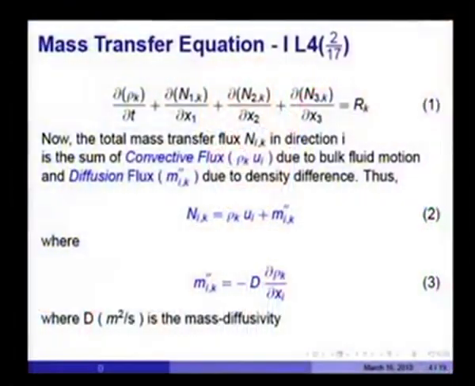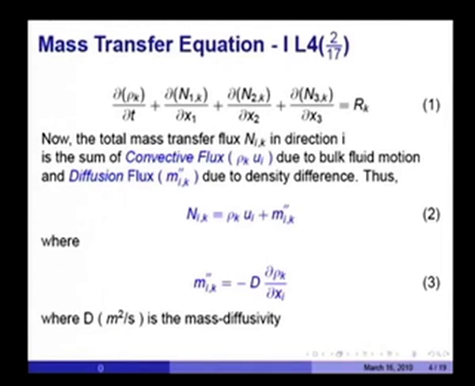So, just as in convective heat transfer, you know that the total flux of energy is given by the convective flux plus conduction flux. In mass transfer, we say it is the convective flux plus diffusion flux. D is called the mass diffusivity. It has units of meter square per second.